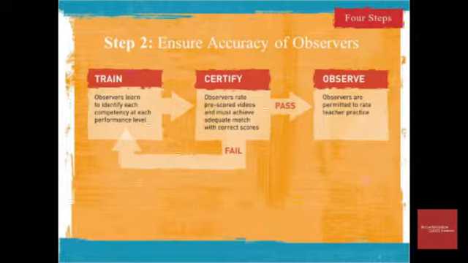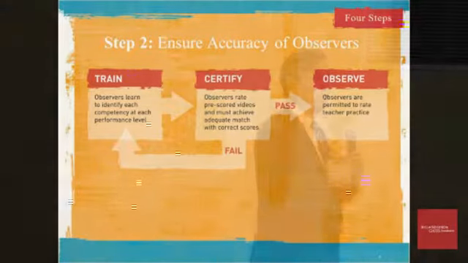We showed people videos that had been pre-scored by people who were expert on the particular instrument. And only if the raters could score those videos with a minimum number of discrepancies were they allowed to score in our study.